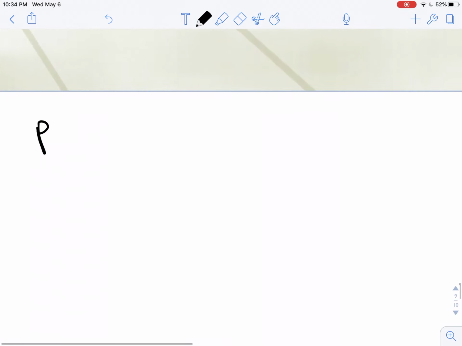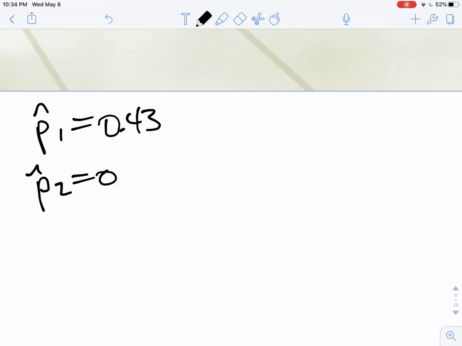So I'm going to start with p hat 1, that's going to be this 0.43, p hat 2, 0.25. I usually pick the proportion that's largest to be my first proportion, and that'll save me some negative numbers down the road.